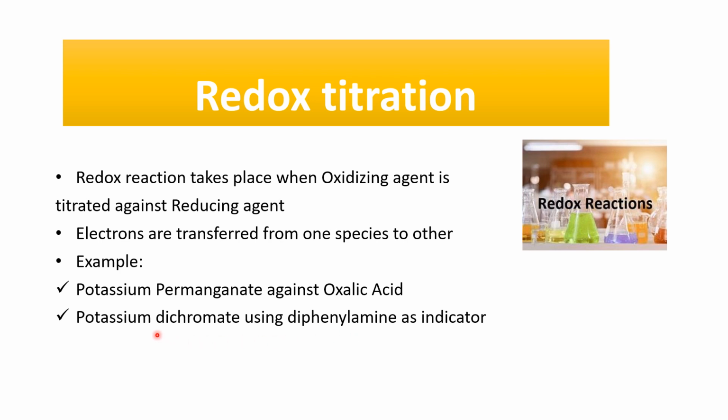Mostly it's not about the reagent showing you two colors, it is the indicator showing you two colors in oxidized and reduced state, and that's why it is called an indicator, because it has two different colors in two different states, and that's why you can find out where the endpoint has reached.